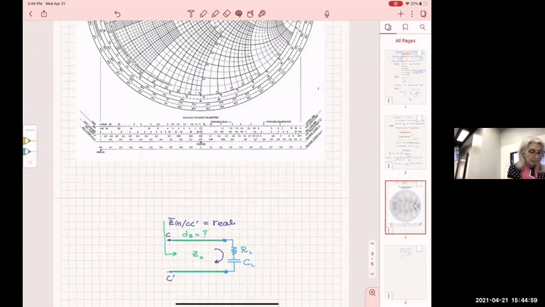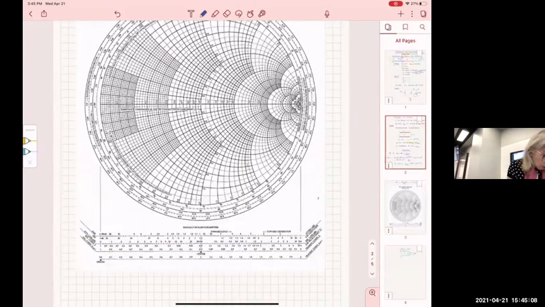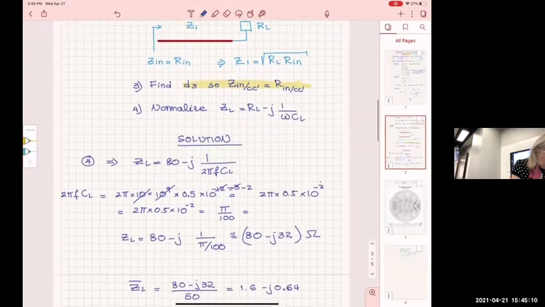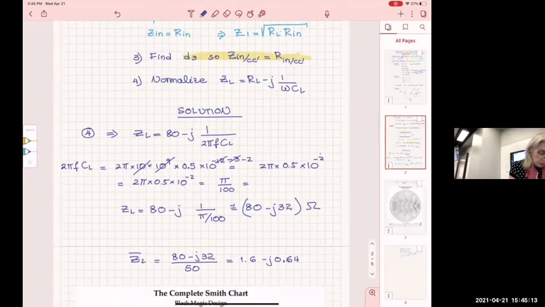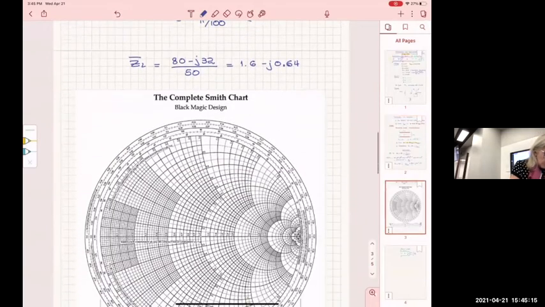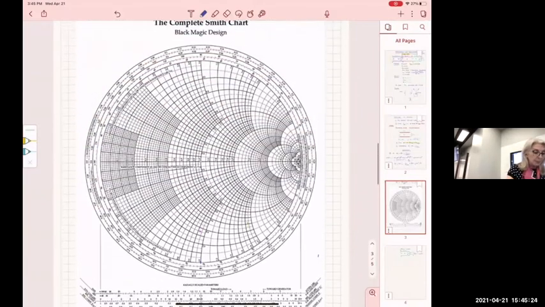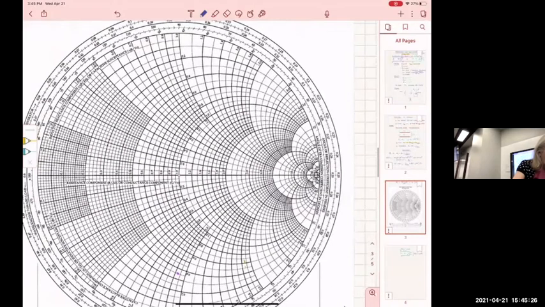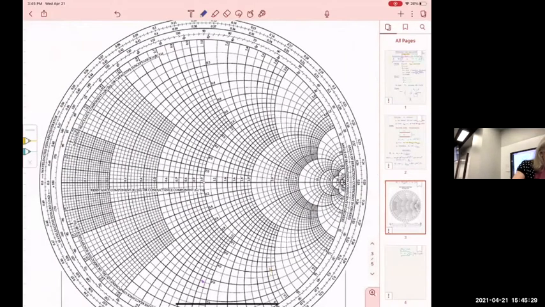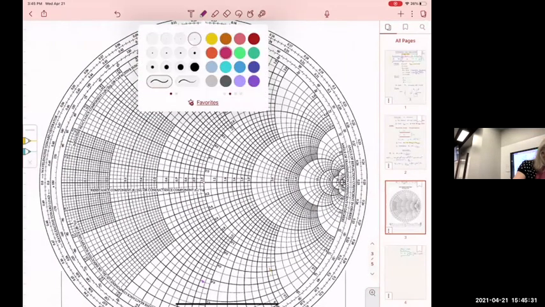So now I know what is my ZL for that frequency. I have found that and I have normalized it. And what I found when I normalized was 1.6 minus j0.64. So now I have to find this impedance here. So 1.6, I'm going to use red.